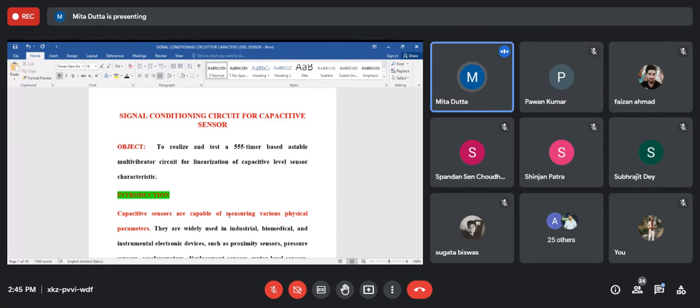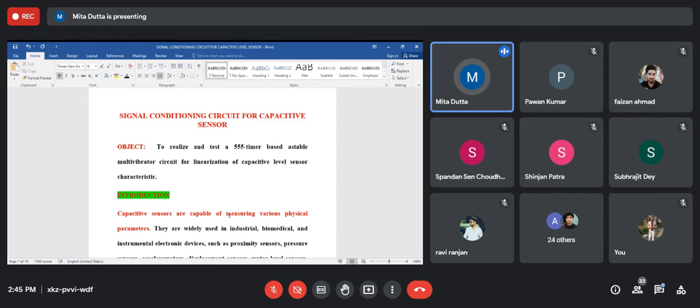In the monostable multivibrator, a single output pulse is produced from the output pin, and we have to give an input to the external trigger input of the 555 timer IC chip. In the case of an astable multivibrator, since it is a free running multivibrator, we don't require any input.